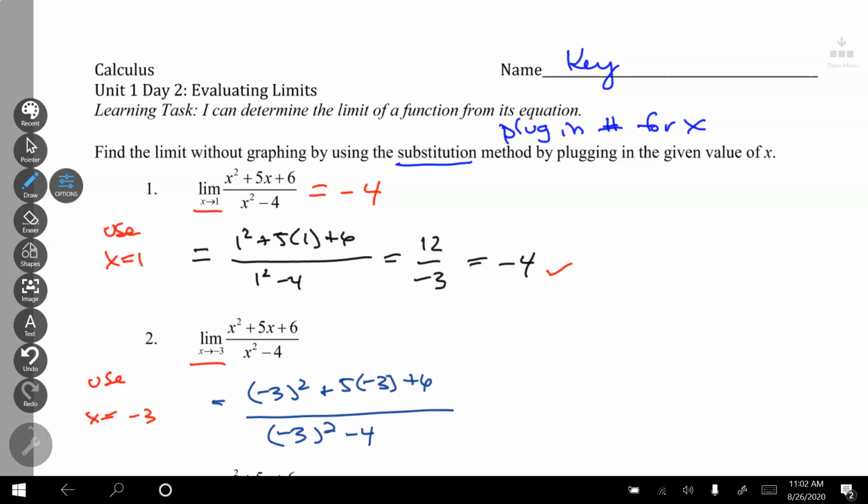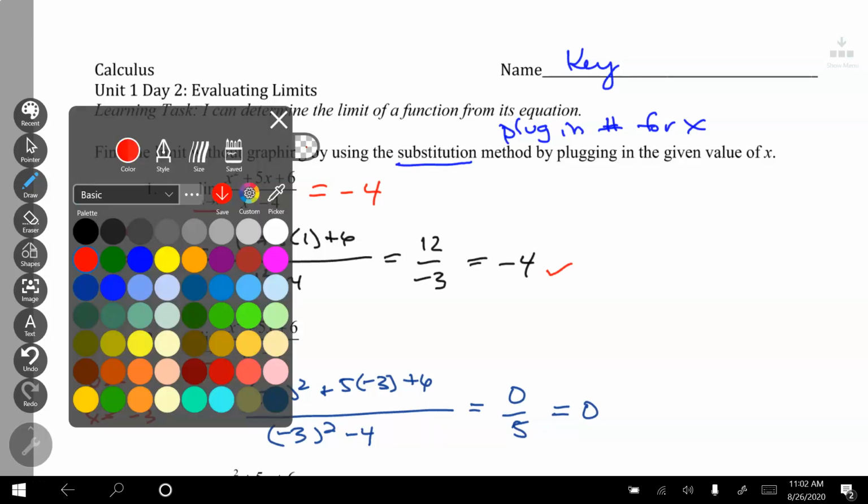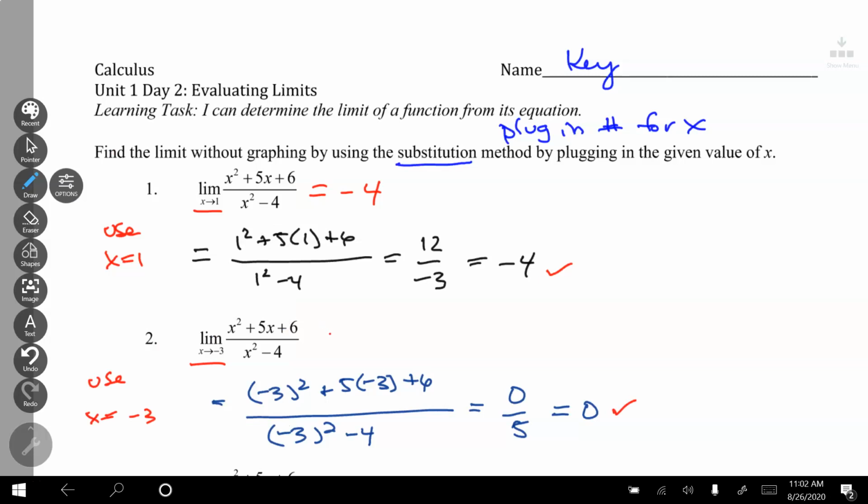You should always put parentheses around negative numbers because when you square it, you get the right results. I get 0 over 5, and 0 divided into 5 pieces is 0. 0 is a number. I like it. So I get a result of 0.